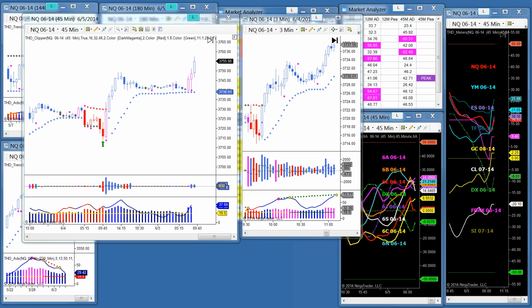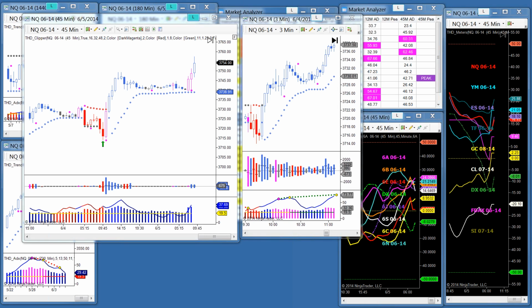Gray is not saying it's ready to flip. Gray is saying that you are close enough to an ATR to take a trade. Then you have to have diverging volume.